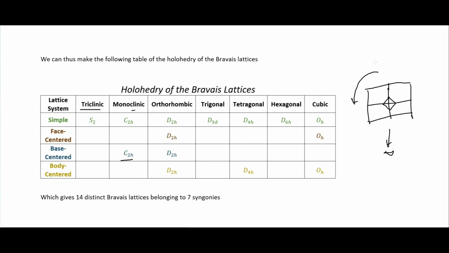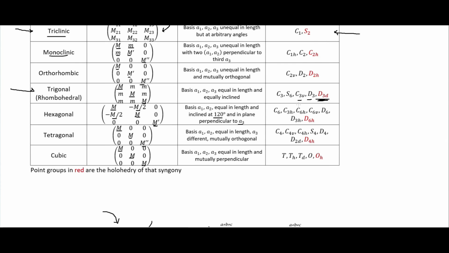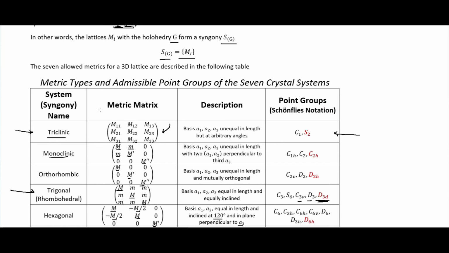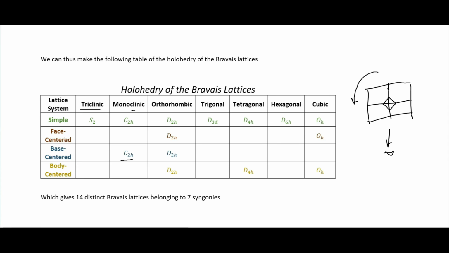I hope you got this idea of what a Bravais lattice is, and there are these 7 different syngonies here, but then they can be broken down into these face-centered, base-centered, body-centered, and simple. Each of the different syngonies has a different number of those extra symmetries put onto it.